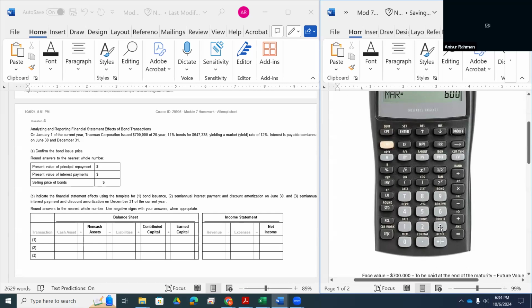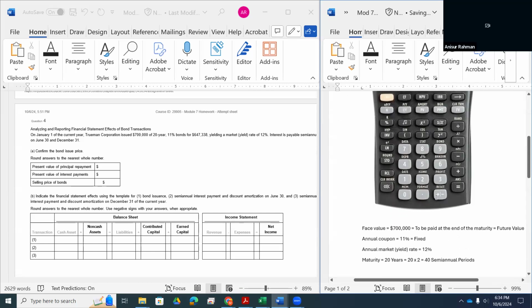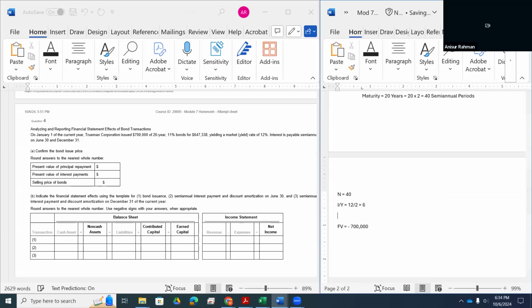So we'll skip that. Next is payment. Our payment is the cash payment per period, which is our face value. It doesn't change. So face value times annual coupon rate divided by 2.